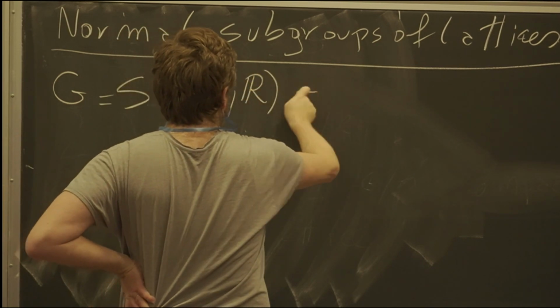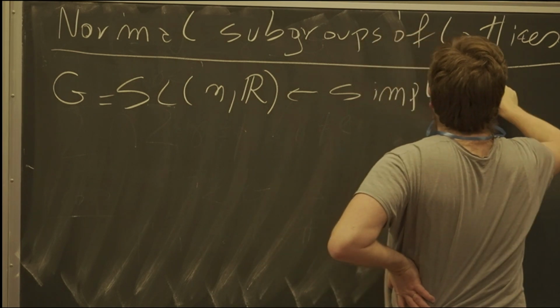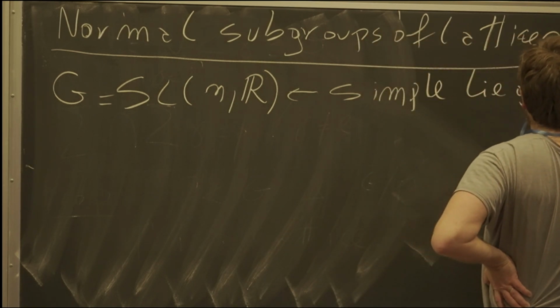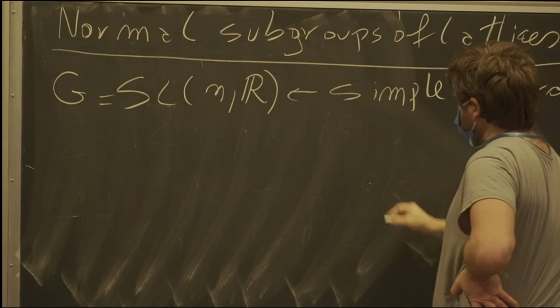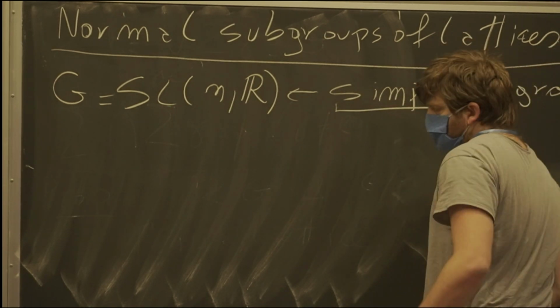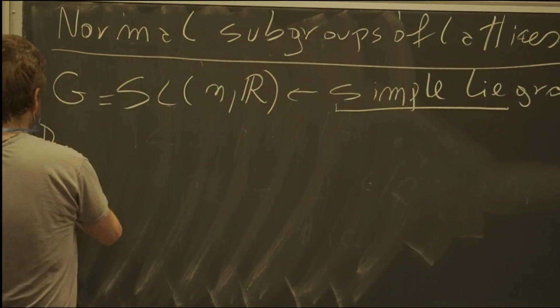So this is what is called a simple Lie group. And here simple Lie is to be taken as a joint adjective. So it's not a Lie group that is simple, it's a simple Lie group. Okay? So first definition of being simple.